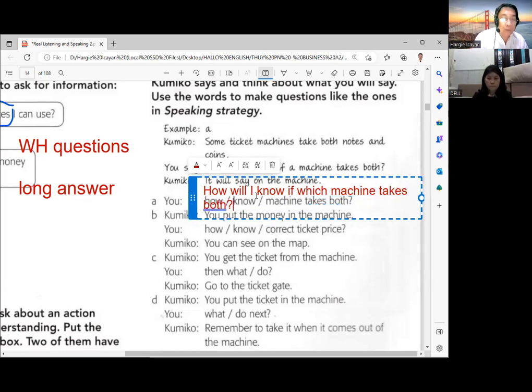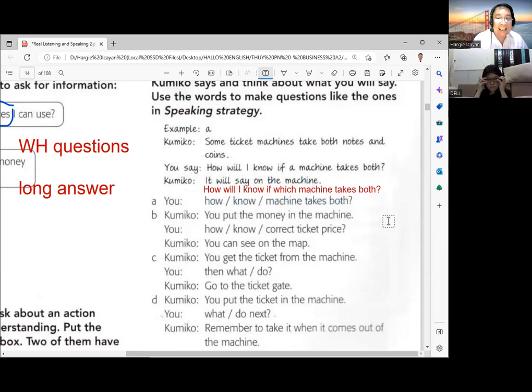Okay, so this question again needs a long answer, right? So therefore, Komiko answered, you put the money in the machine. Okay, next. And then after that, what would be again your other answer for this?